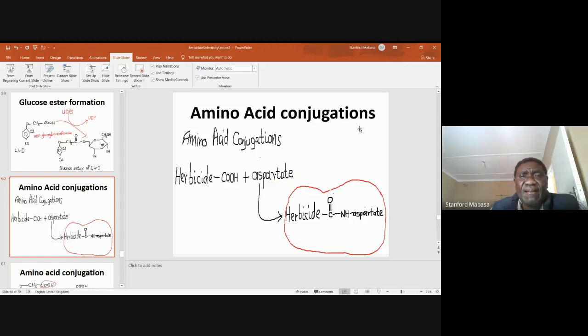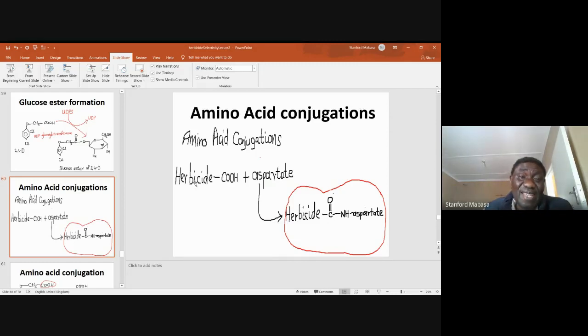The other important and interesting thing is we have amino acid conjugations. The most important amino acid is known as aspartate. Aspartate will require herbicides carrying a COOH or a carboxyl group.